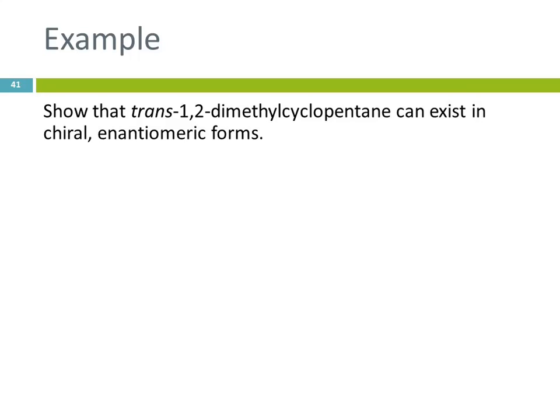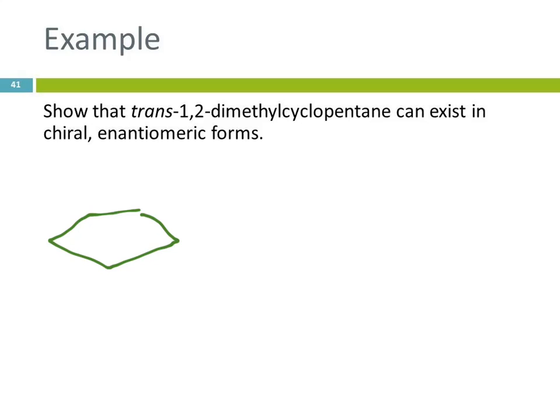Show that trans 1,2-dimethylcyclopentane can exist in chiral enantiomeric forms. Well, let's draw it first. Cyclopentane. That's a ring with 5 carbons. 1,2-dimethyl.